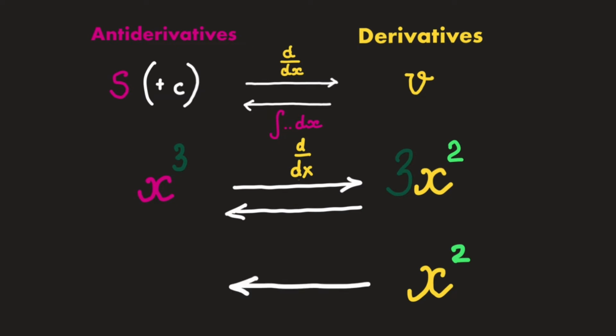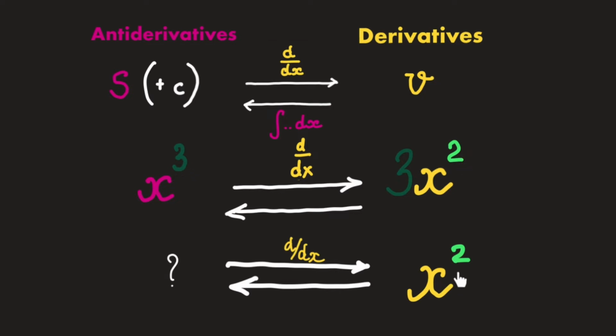Can you now give me an antiderivative of x squared? That is, can you find for me a function whose derivative is actually equal to x squared? You might be tempted to reason that when you differentiate a power function, the exponent always goes down by 1.